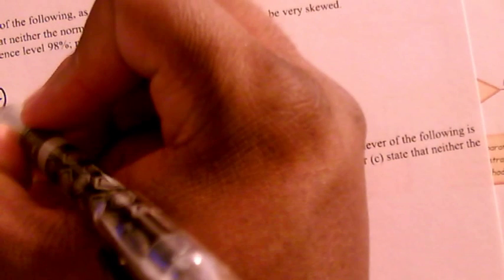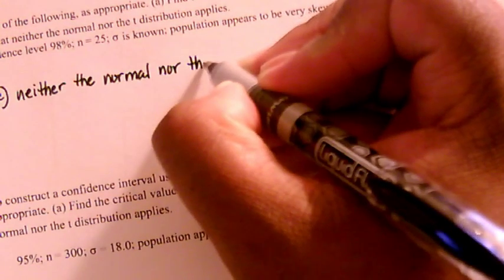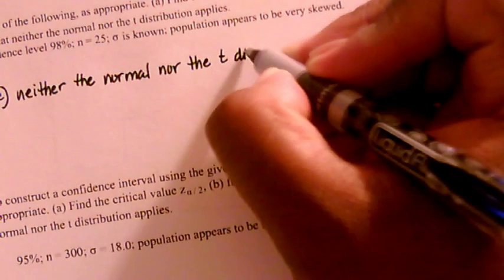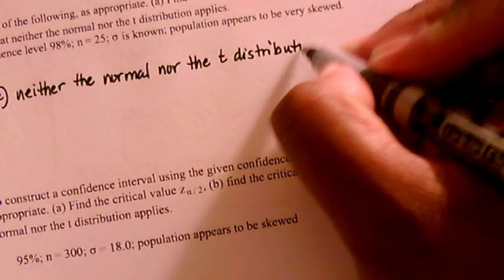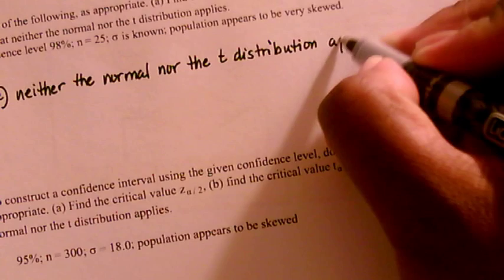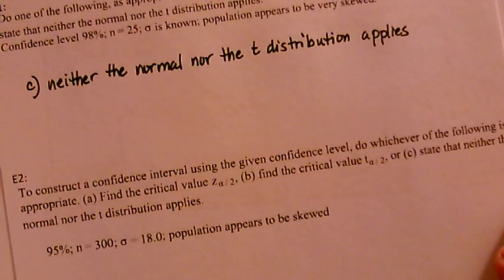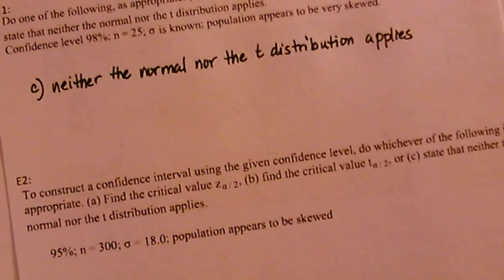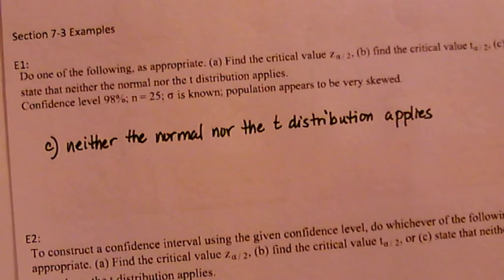That will be option C: neither the normal nor the t-distribution applies. Okay, so that flowchart will help you answer the other questions.